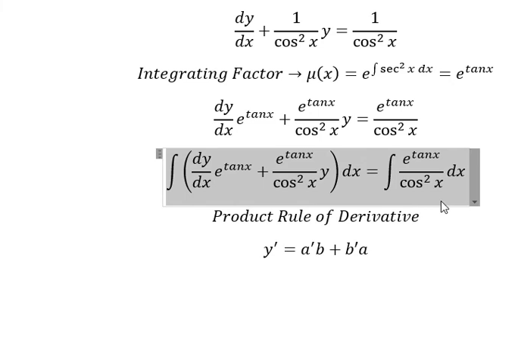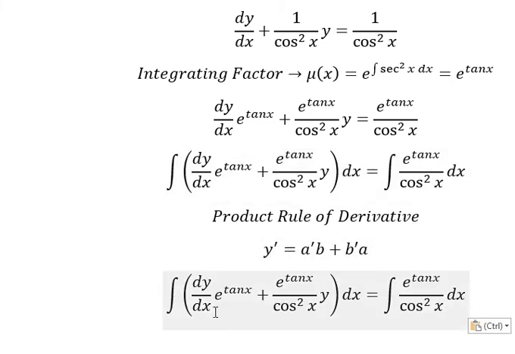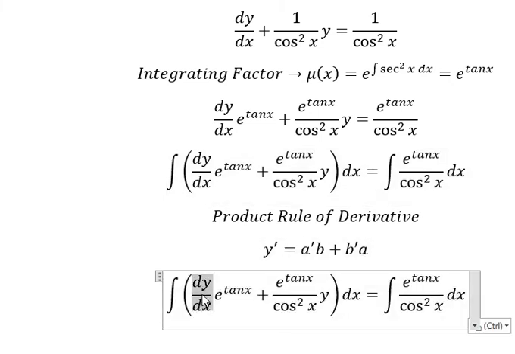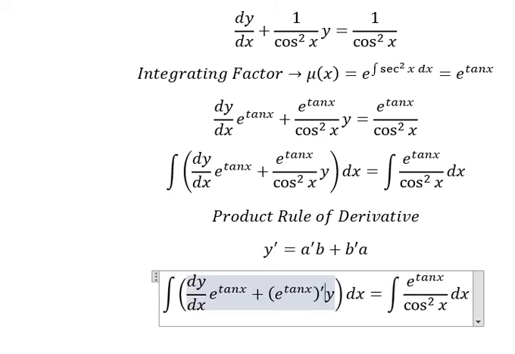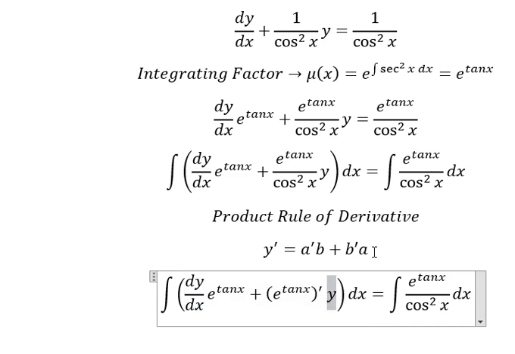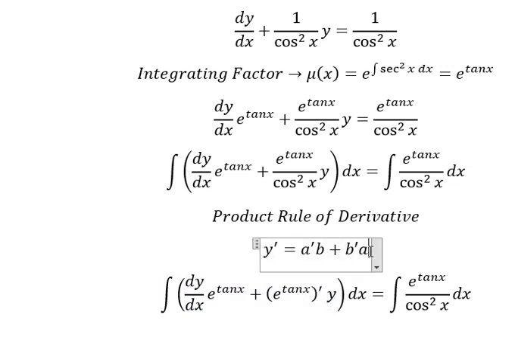So if we look carefully, this is first derivative of a multiplied by b. This one, that is first derivative of b multiplied by a. So the integration of this one, we have y equals ab.